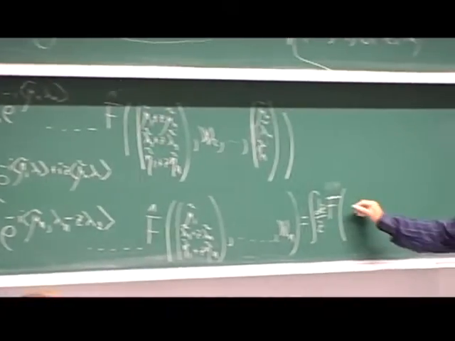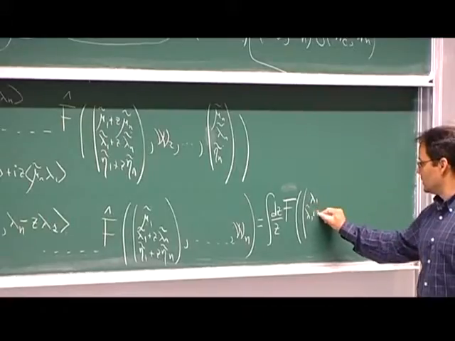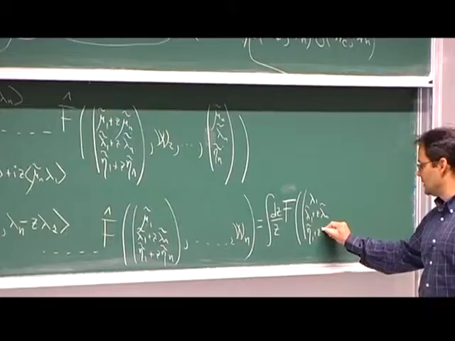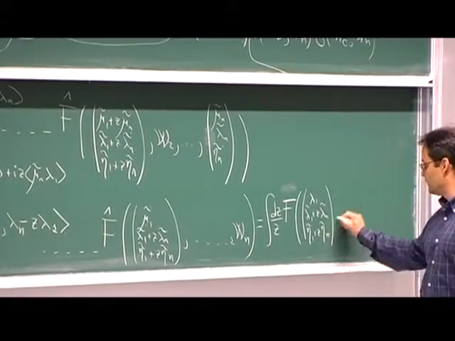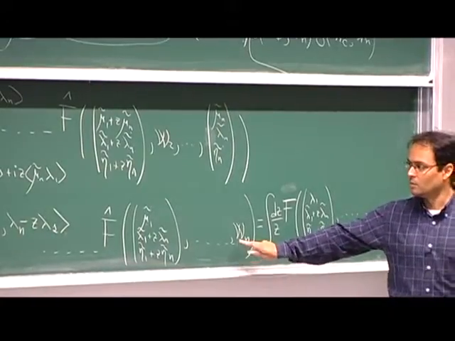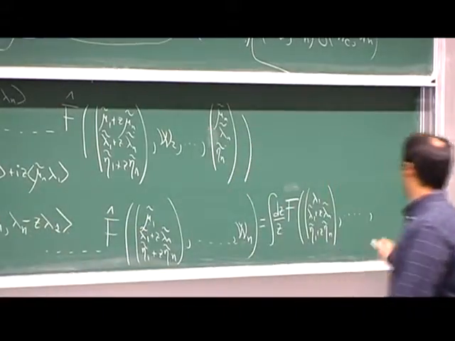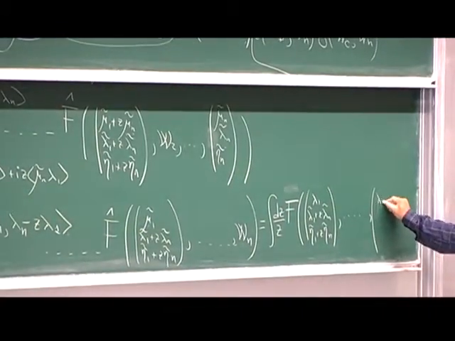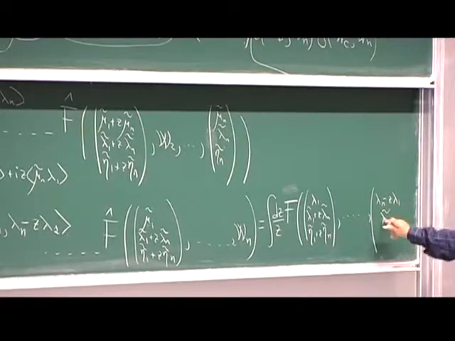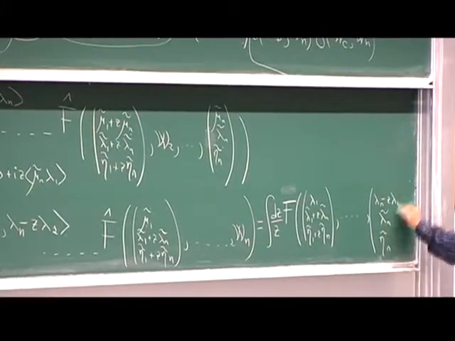So it's an f that now depends on lambda 1 tilde plus z, lambda n tilde, eta 1 tilde plus z, eta tilde n. These ones are the usual ones. And I have to be careful in the last one, because now the lambda value is this one. So the last guy happens to be lambda n minus z lambda 1. Lambda n tilde, I didn't do anything to that component here. That one came along for the ride, and eta tilde n.